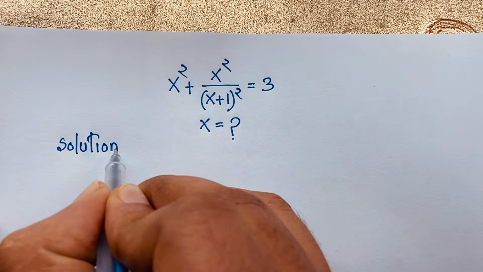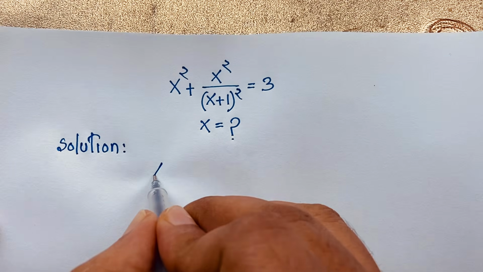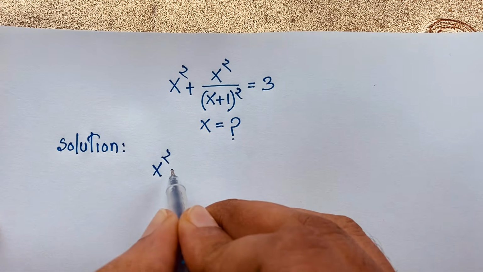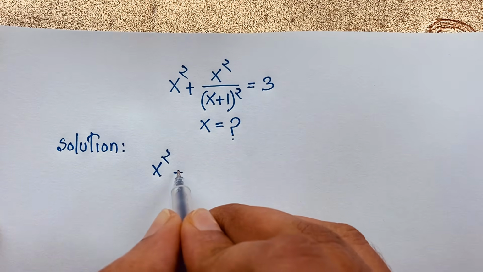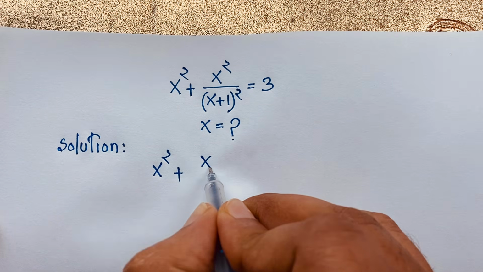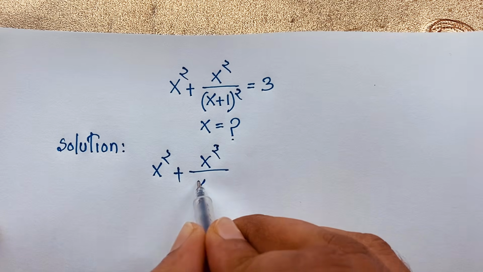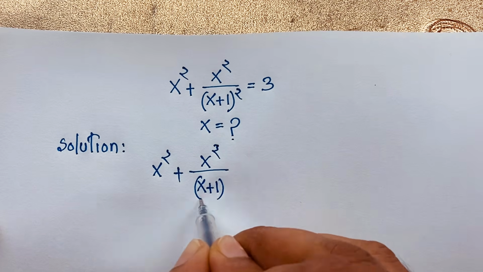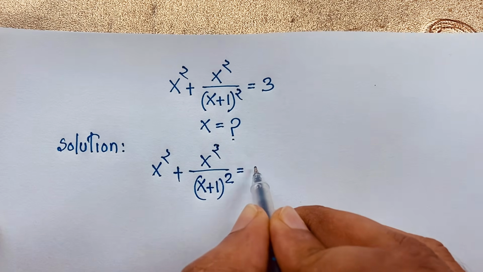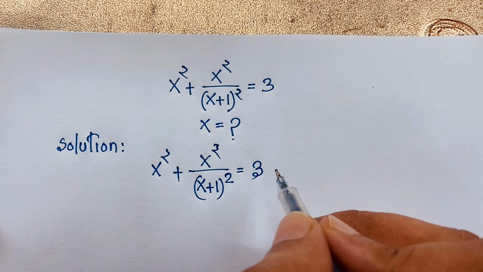First of all, I take our question, which is x to the power 2 plus x to the power 2 over (x plus 1) to the power 2 is equal to 3. This is our question.